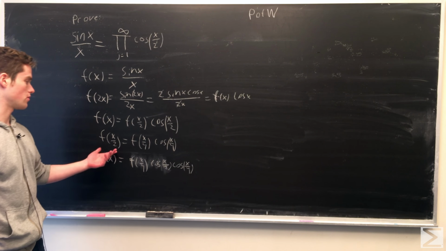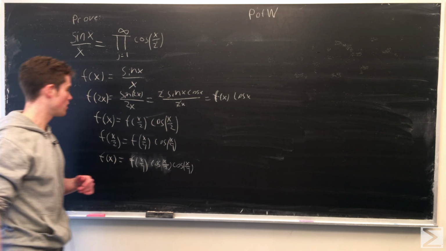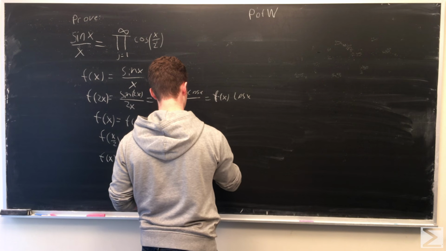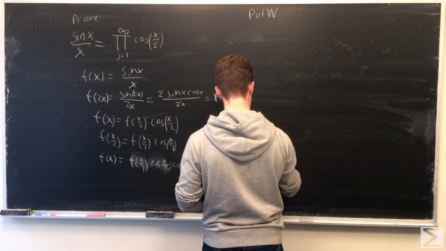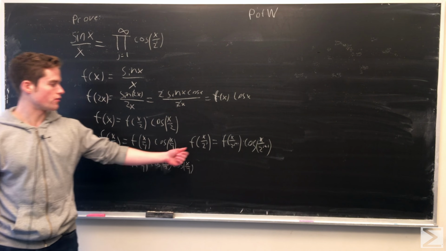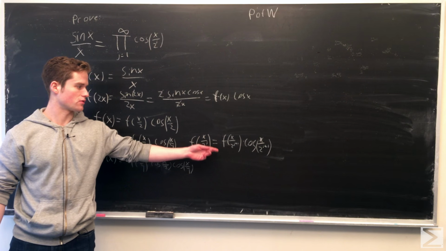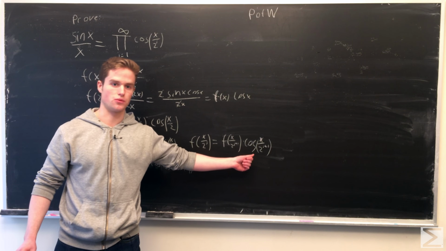get a general equation for f of x over 2 to the j. So we can say f of x over 2 to the j equals f of x over 2 to the j plus 1 times cosine x over 2 to the j plus 1.